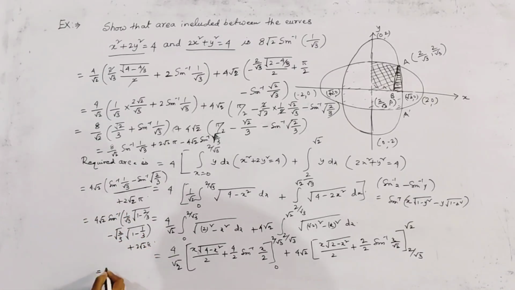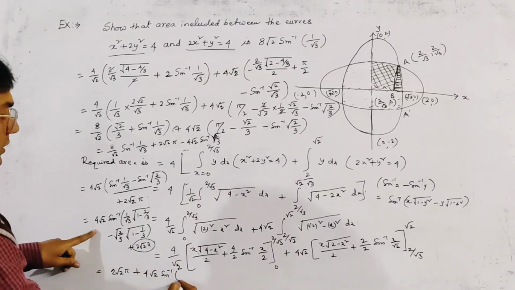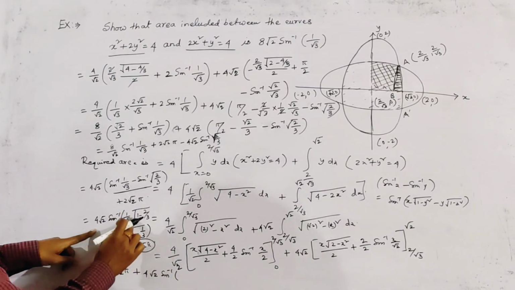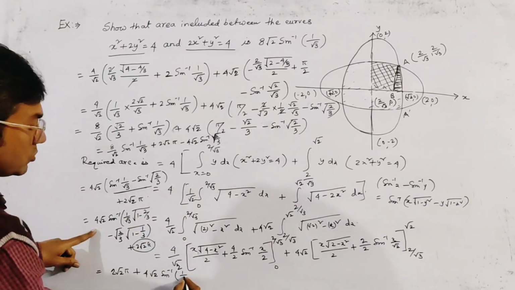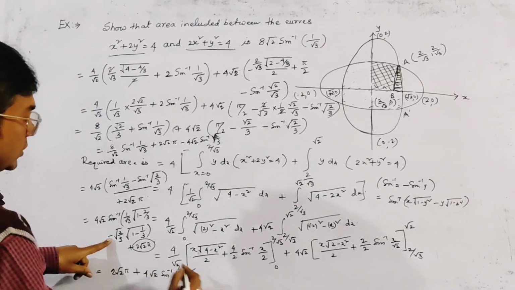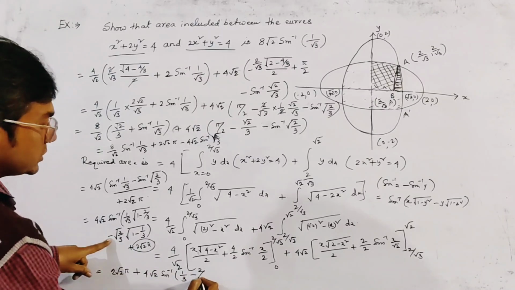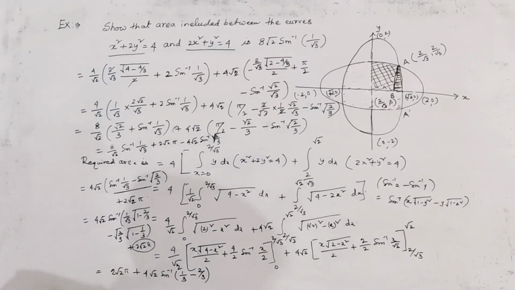So from the first term we write 2 root 2 into pi, and the second term as plus 4 root 2 into sine inverse. We get from here 1 by root 3 into 1 by root 3, so this is 1/3, minus root 2 by 3 into root 2 by 3, so this is 2/3. Right?